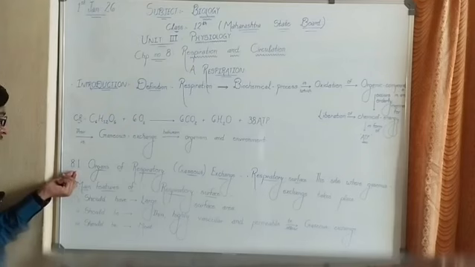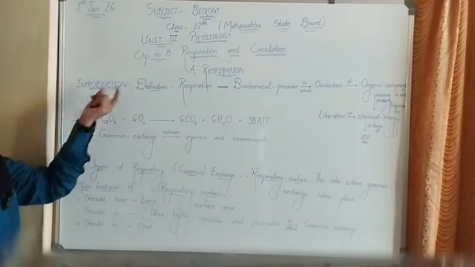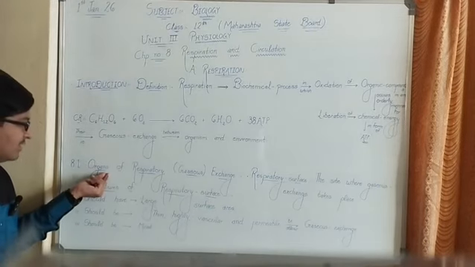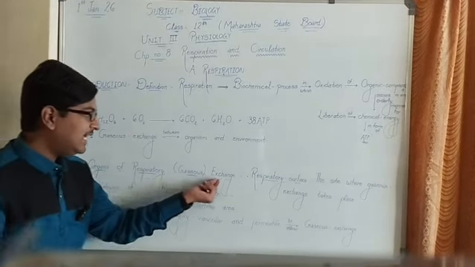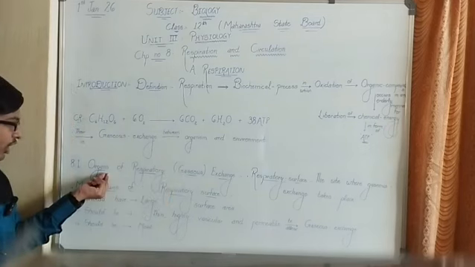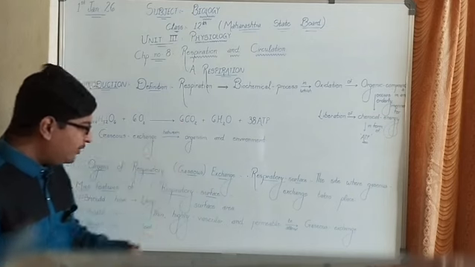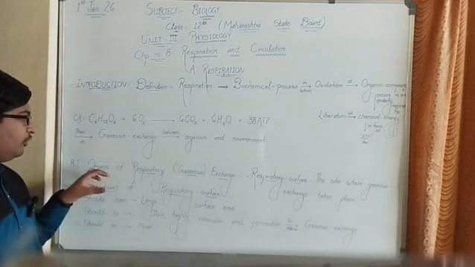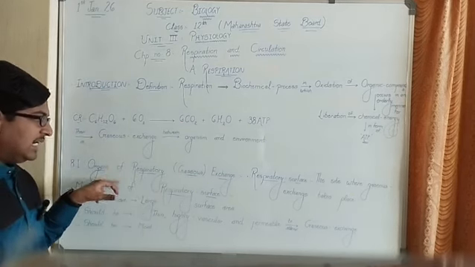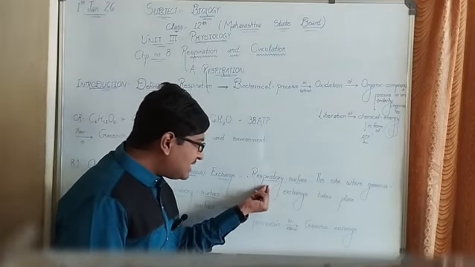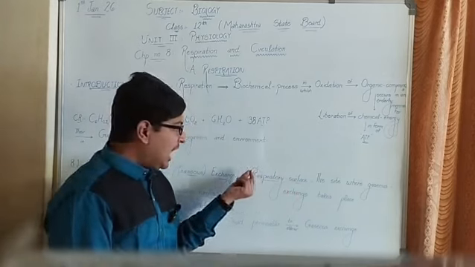Moving on towards the very first bit of our chapter, which is 8.1, organs of respiratory exchange or organs of gaseous exchange. Before moving on towards the main content, first let's try to understand the term respiratory surface.